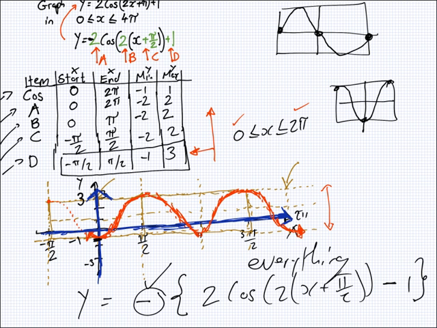Now, I'm not flipping this red graph upside down because what's different here? The minus 1. And what will that affect? The min and the max. What would it be instead? It'd be down, wouldn't it?